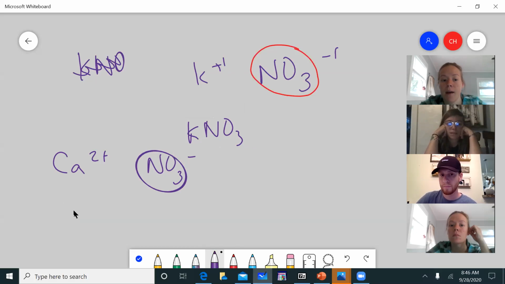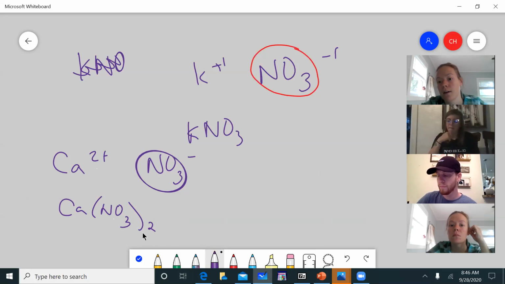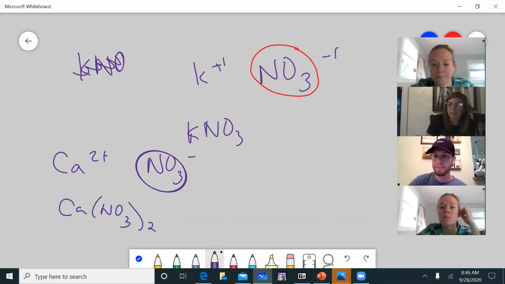This 1 is going to tell me I have 1 calcium, so it's going to be Ca. I'm going to put it in parentheses, NO3, because I have to have 2 of those. So the parentheses is only if you have a multiple of them. Good with that? Yeah. All right, cool. Thank you.